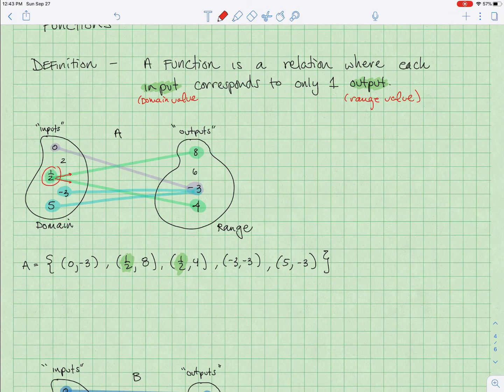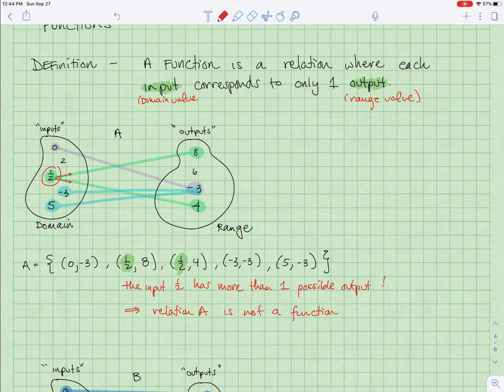So the input 1/2 has more than one possible output. So relation A is not a function.